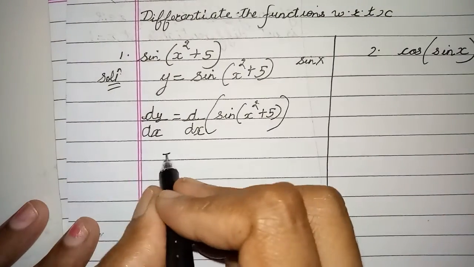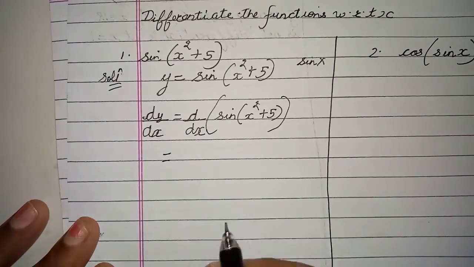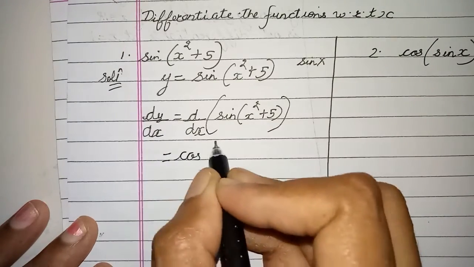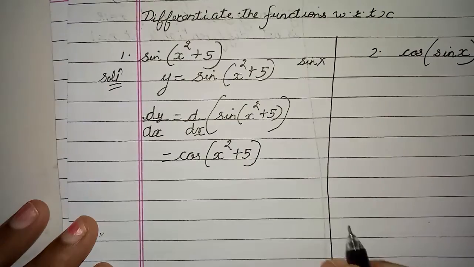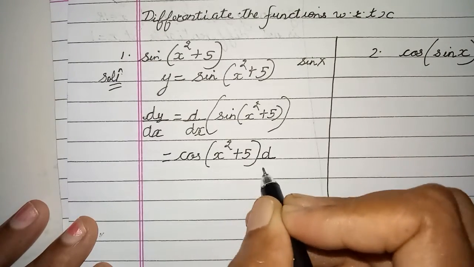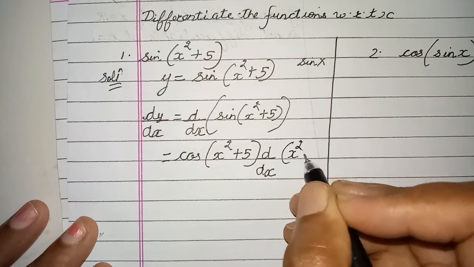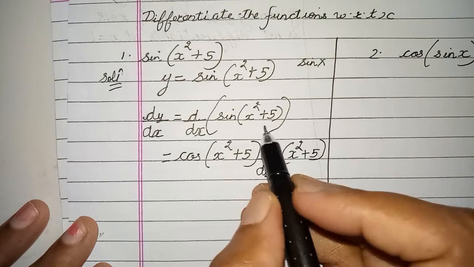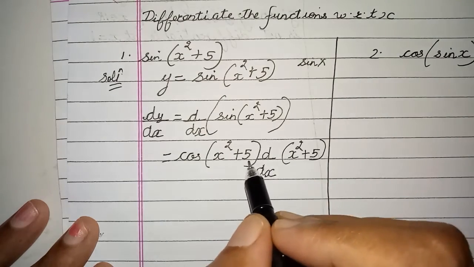Now you consider this as sine of capital X. Sine of capital X has derivative cos of capital X. After that, you attach the derivative in multiplication form of the function which is not in the standard form. Here x square plus 5 is not in the standard form, so you multiply with its derivative.